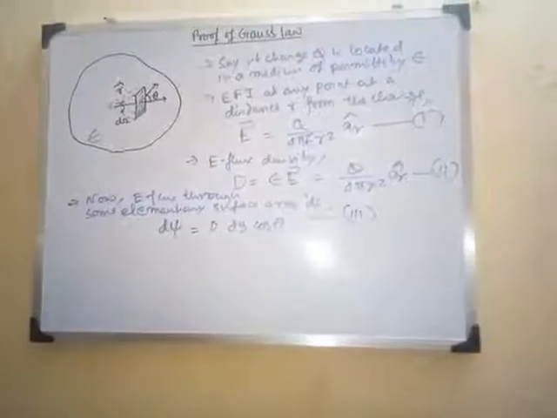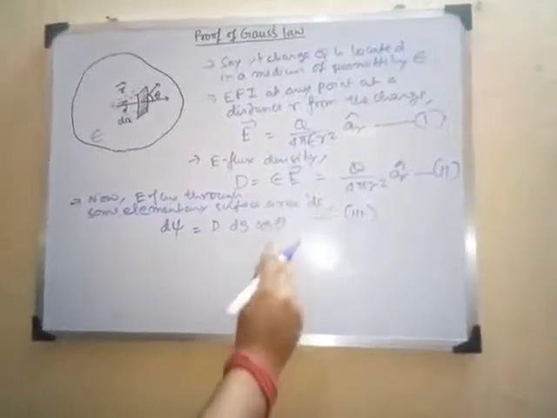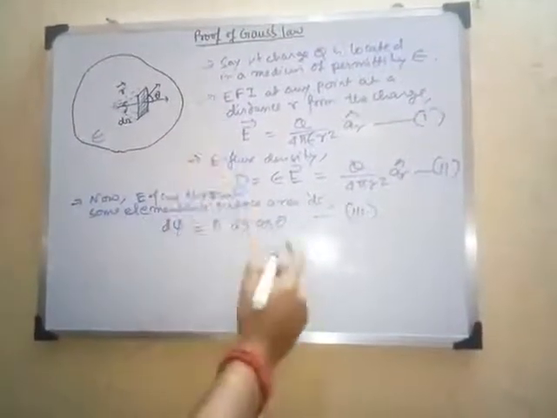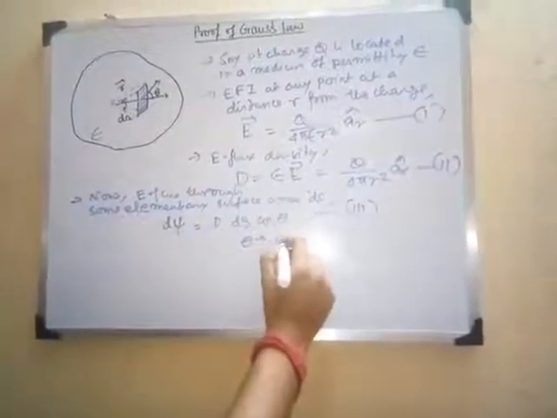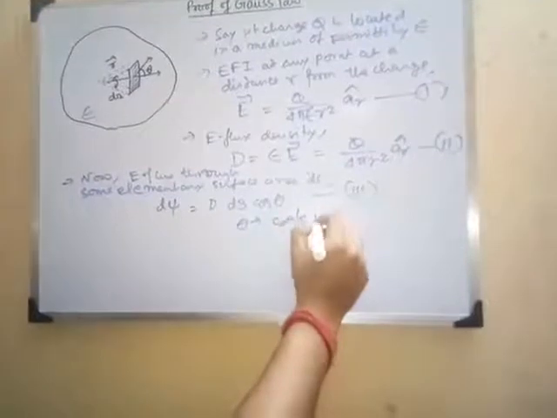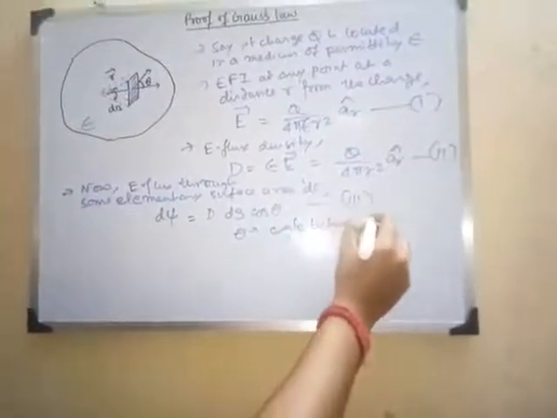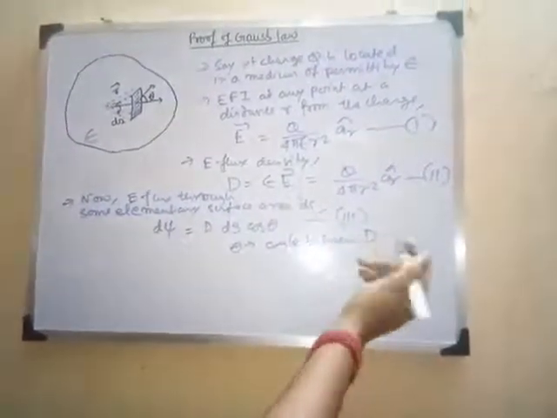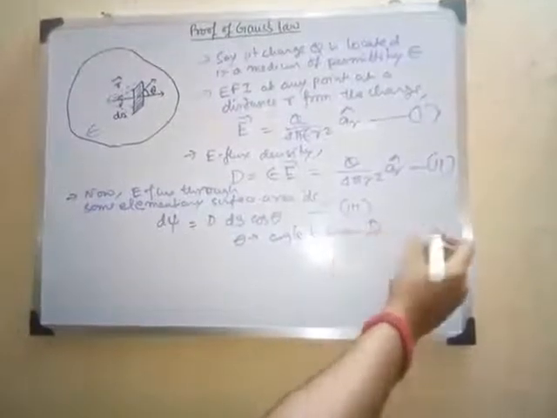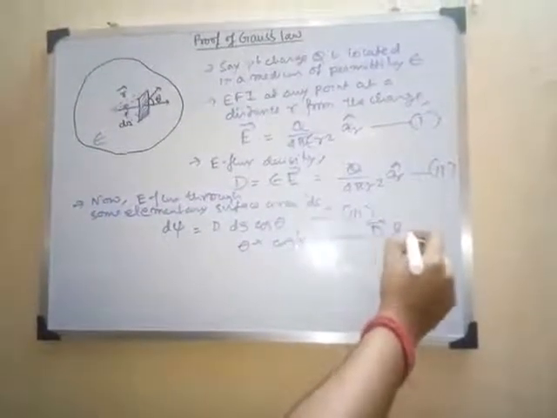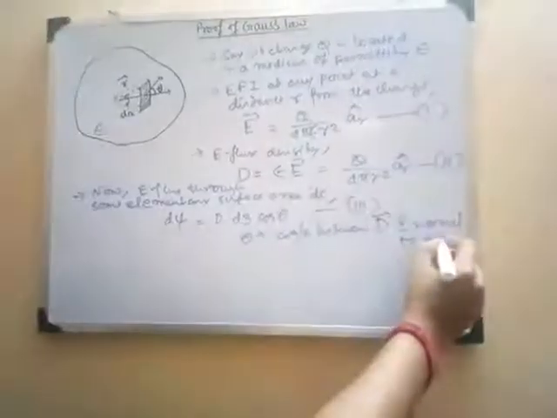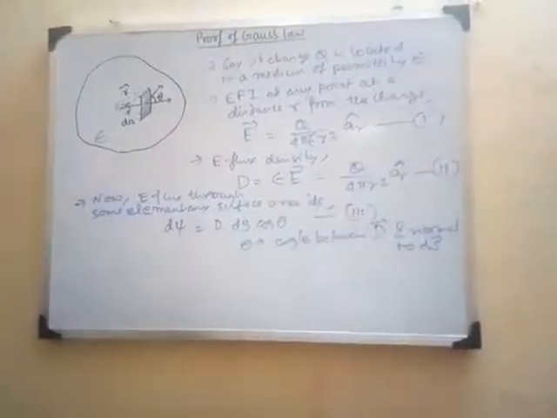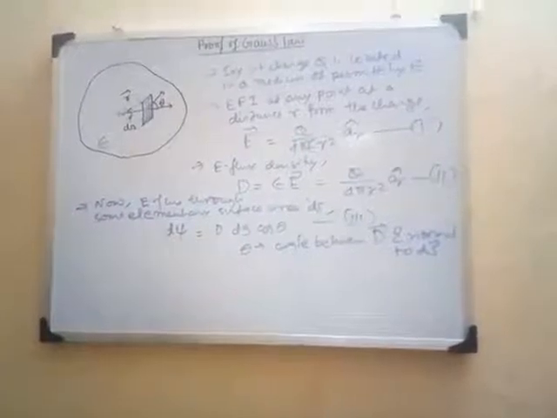Now what is theta? As I said, theta is the angle between D and the normal to dS. This theta is the angle between D, that is the electric flux density D vector, and the normal to dS, so theta can be defined like this.